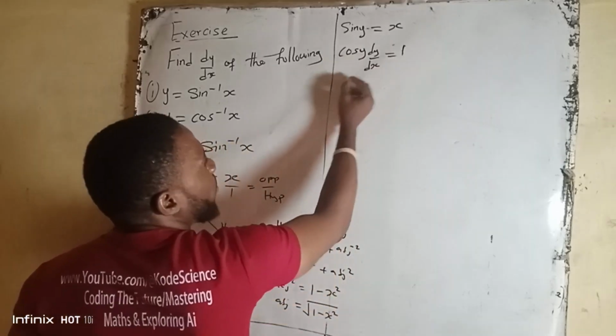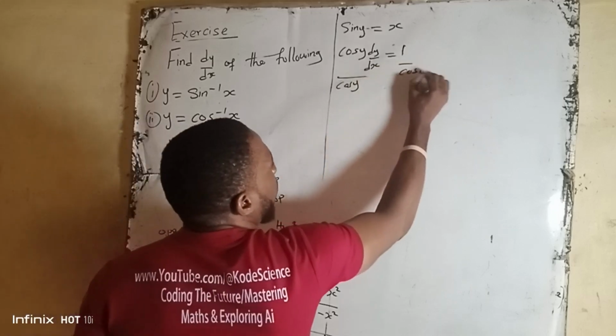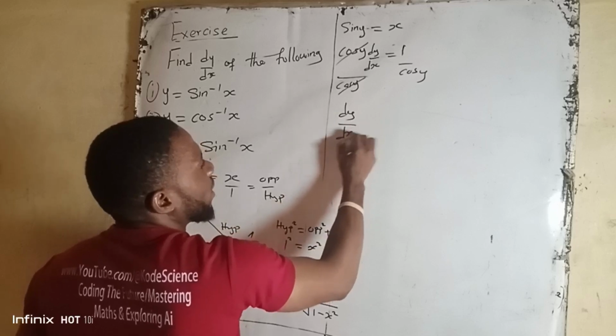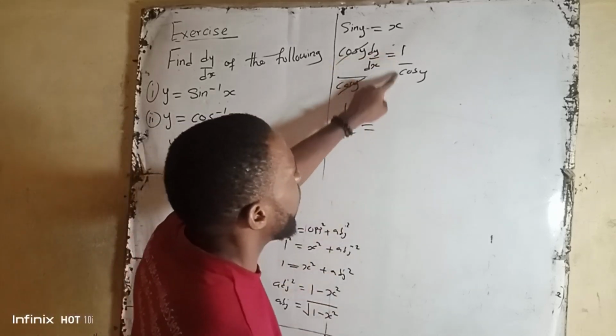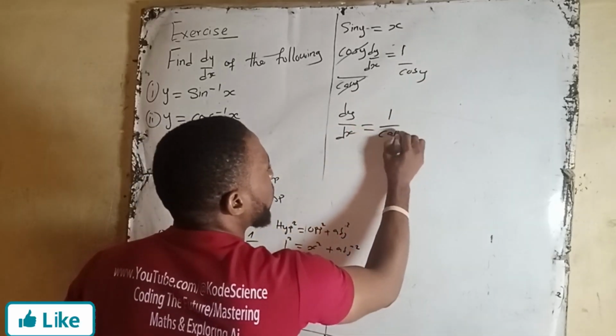So let's divide both sides by cos y. Then dy over dx is therefore 1 over cos y.